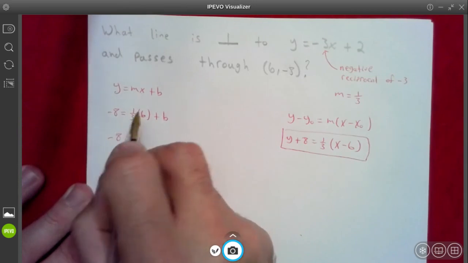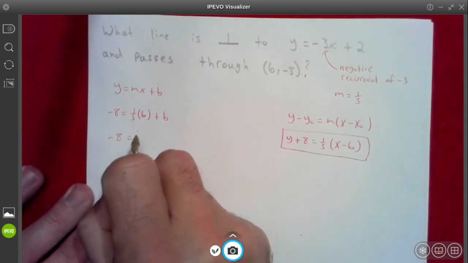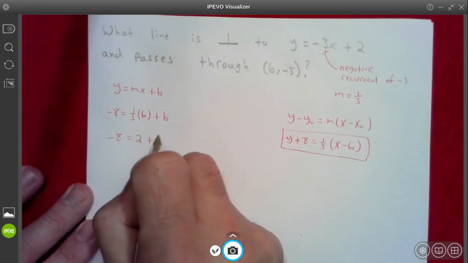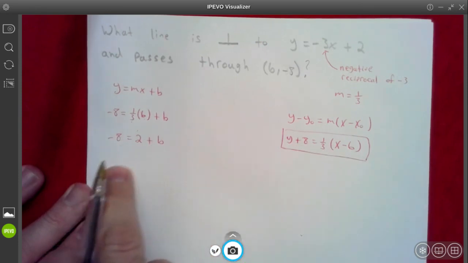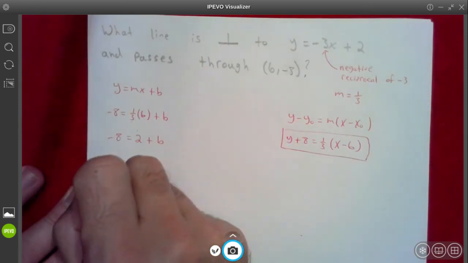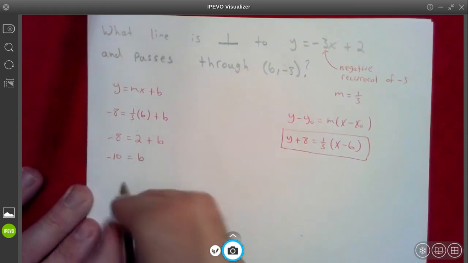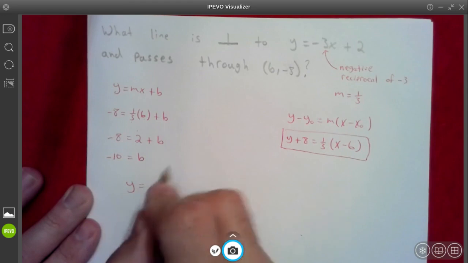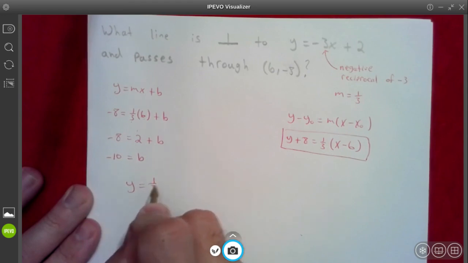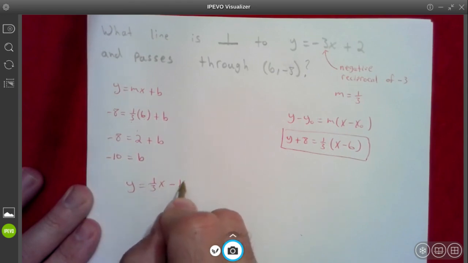Negative 8 is equal to 1/3 times 6, which is 2, plus b. Then you just minus 2 from both sides to move that over, so you get negative 10 as your y-intercept. Put it all together, you're going to get y equals 1/3 x minus 10.